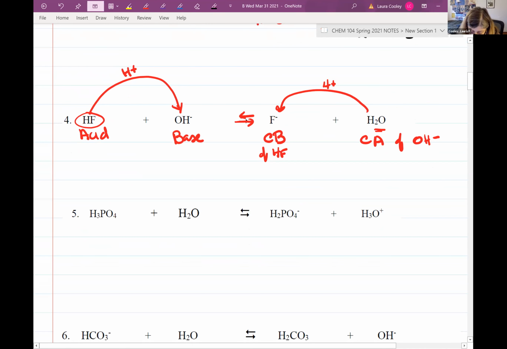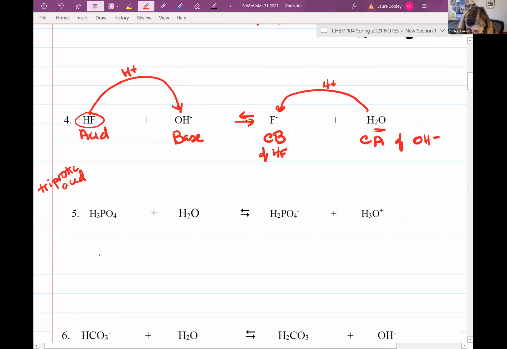All right, now here's another one, this is a triprotic acid, where there are actually 3 hydrogens that can be donated. This is a very important acid in biological chemistry. One of the buffers in the body is based on phosphoric acid.